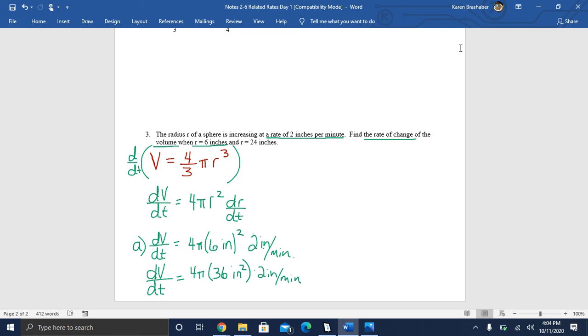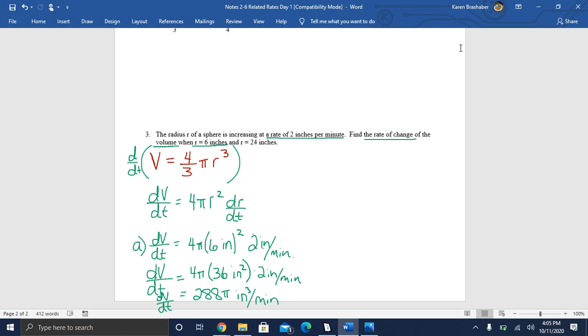If you multiply those together and leave it in terms of pi, then dV/dt is going to turn out to be 288 pi. And then notice that you have inches squared times inches. That's going to be cubic inches or inches cubed per minute. And again, this is dV/dt, the rate of change of the volume with respect to time. That's part A when the radius is 6 inches, so fairly small.